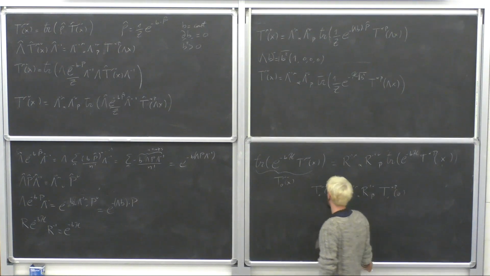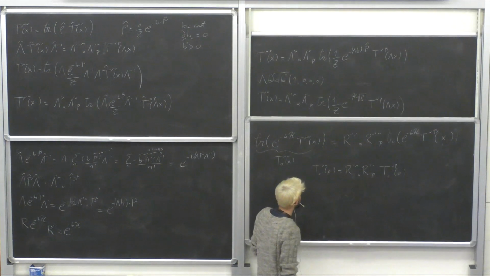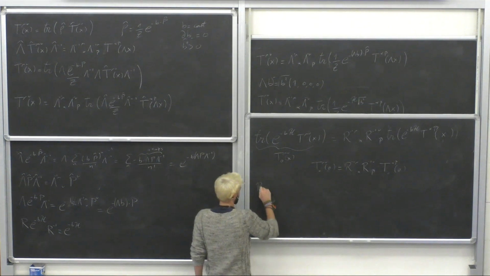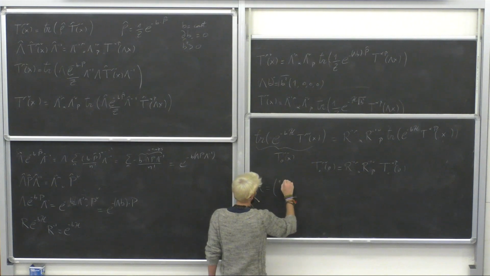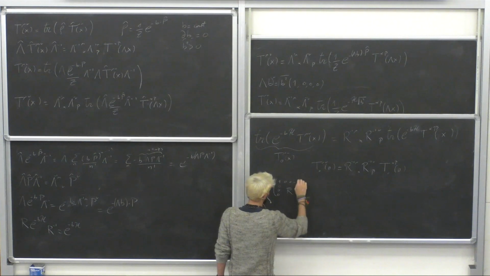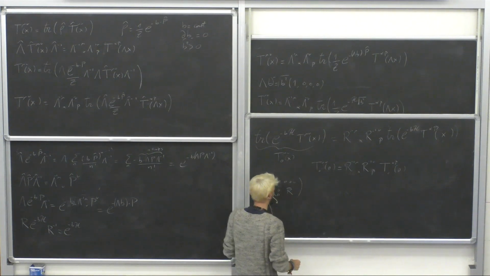But then everything now should work fine, because a rotation in the Lorentz group looks like this: we have 1, 0, 0, 0, and then a proper rotation, an element of SO(3).